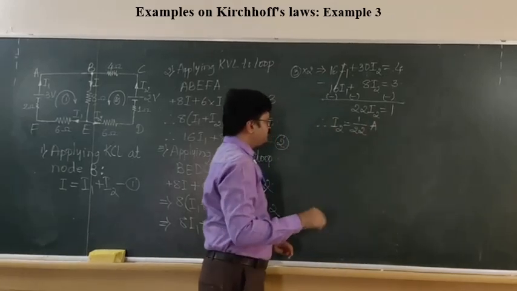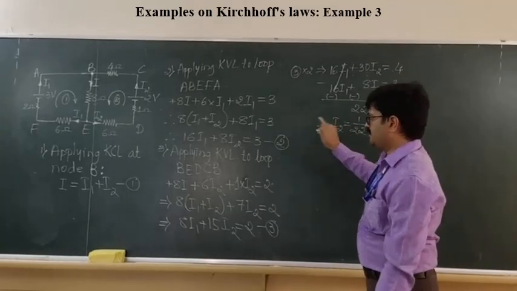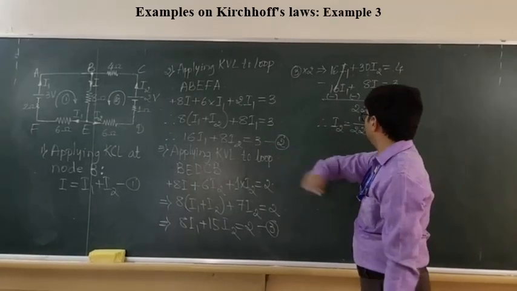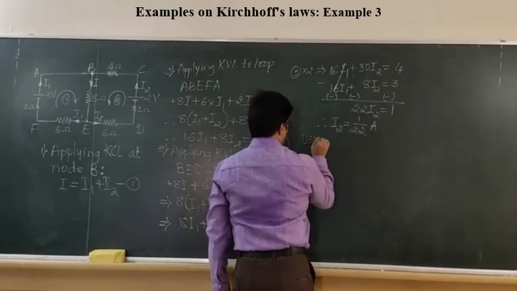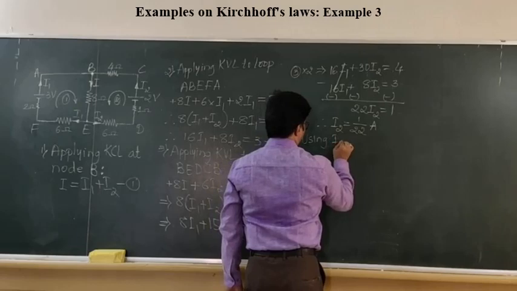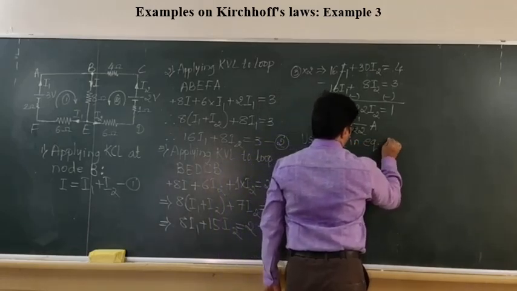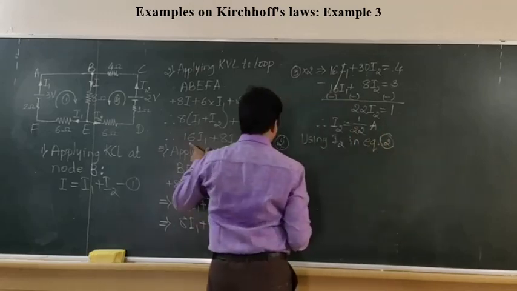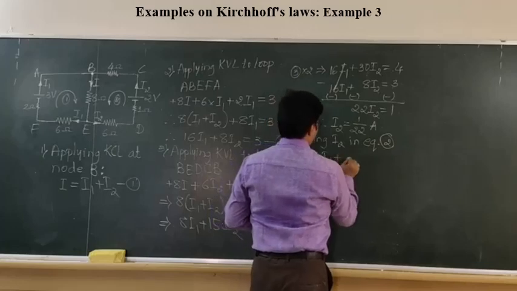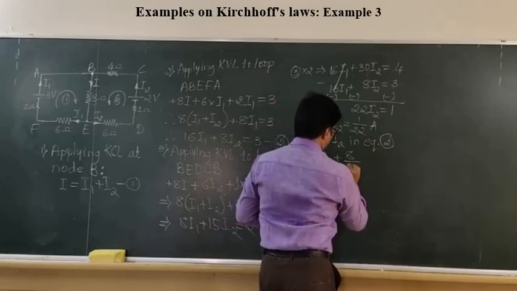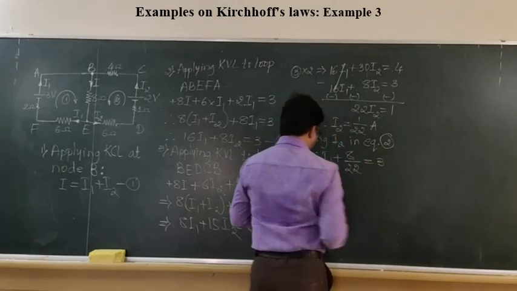1 by 22 ampere. Next I use I2 in equation number 2. So if I make use of I2 in equation 2, it gives us 16I1 plus 8 by 22 is equal to 3.